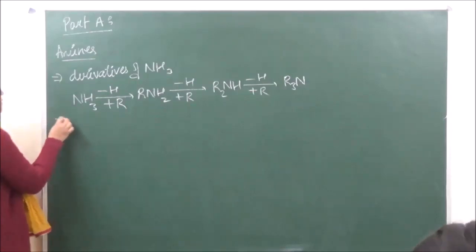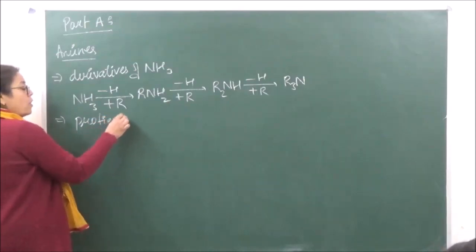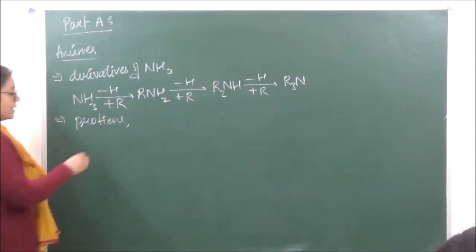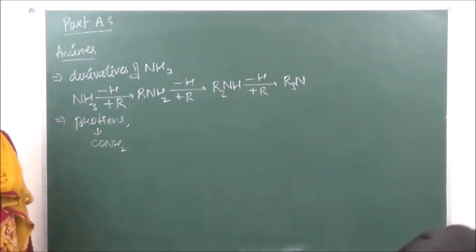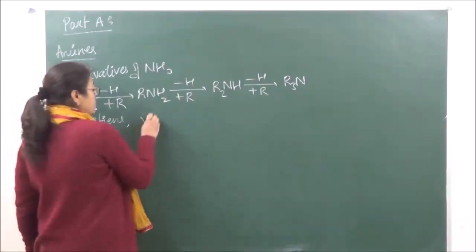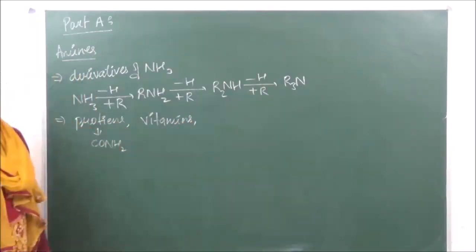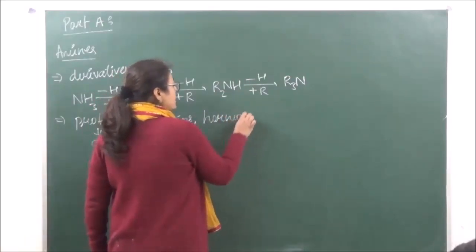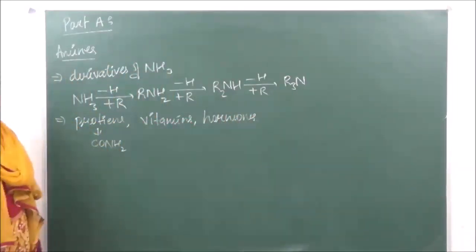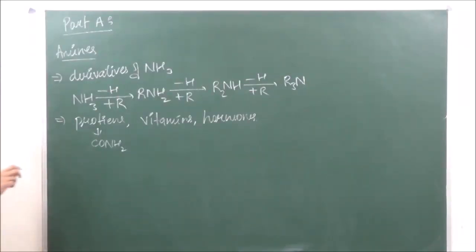Then they are found in proteins in the form of amide linkages. Amide linkages, they are going to be what? CONH2, right? They are also found in vitamins, and they are also found in hormones. So nitrogen forms an important constituent of all living bodies. Then there are many synthetic examples in which nitrogen may be found.